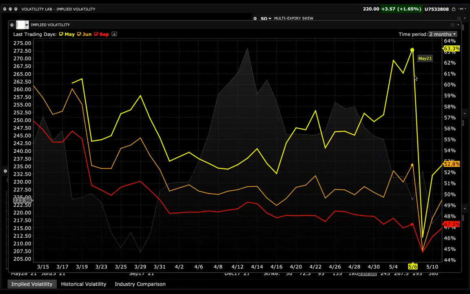And with a crash in implied volatility like that, even if you get the direction right, it doesn't mean anything because I bought an overpriced put, a bubble in terms of premium. So when the implied volatility dropped, that interaction between the adjustment in volatility and the direction was not enough to make me profit.